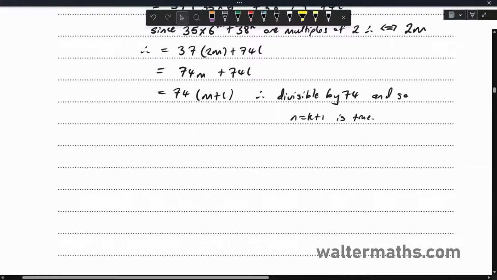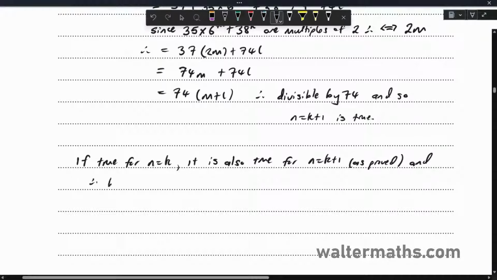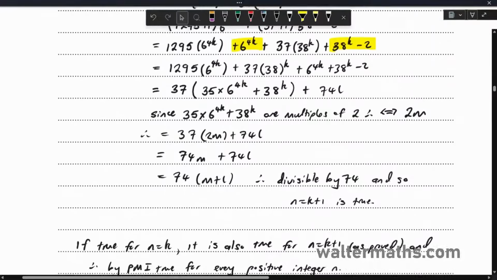Okay, so from here we're going to put in the conclusion to say if the statement is true for n is equal to k, then it is also going to be true for n is equal to k plus 1 as proved, and therefore by the principle of mathematical induction it has to be true for every positive integer n. So that's how we do it for this particular question.